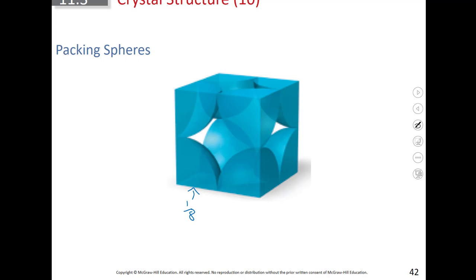How many atoms do I have there? 8. 1, 2, 3, 4, 5, 6, 7, 8. So I have 8 atoms. Each of them has 1/8 of its mass. So inside of the cube is the equivalent of what? 1 atom. This has the mass of 1 atom.